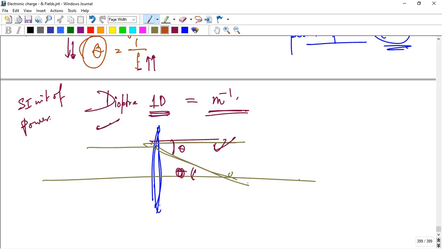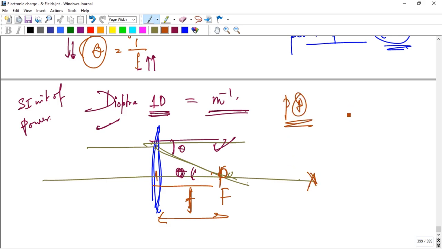Here the convex lens creates a focus and focal length on this side, the positive x direction. So positive power means the lens you use is a convex lens. It's called positive power, and these are called converging lenses, because after the emergent rays emerge from the lens, they converge at a point.